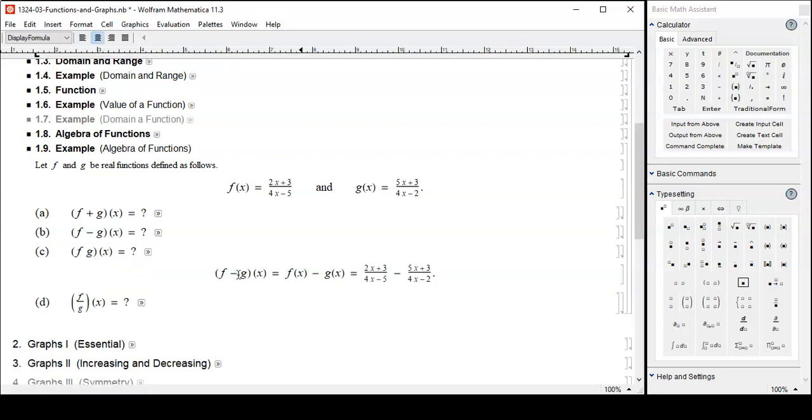What if we have multiplication? F times g. That is f of x times g of x. That is, we're doing this multiplication. So this times that.